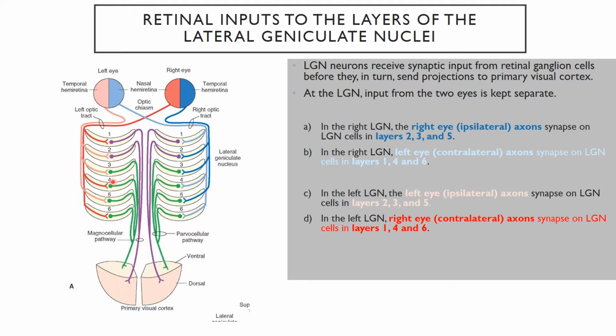Layers 3 through 6 are a separate pathway, and this is where a lot of the color information is regulated, in the parvocellular pathway. The way the visual system processes color is really super interesting, but it's pretty complex, and it's beyond the scope of what we're going to cover in this class. So we're not really going to be talking too much about what's happening in the parvocellular pathway.